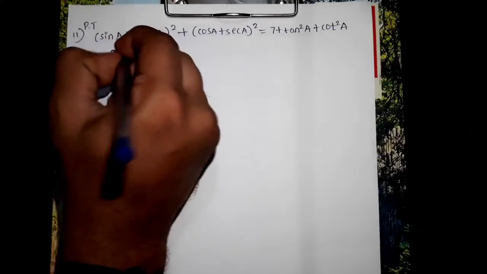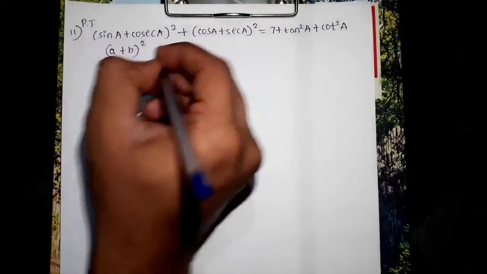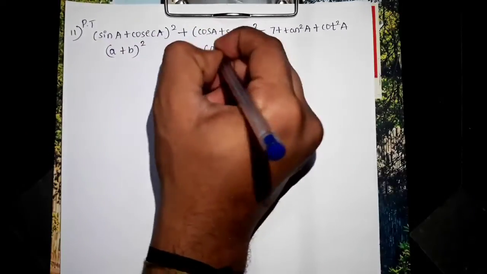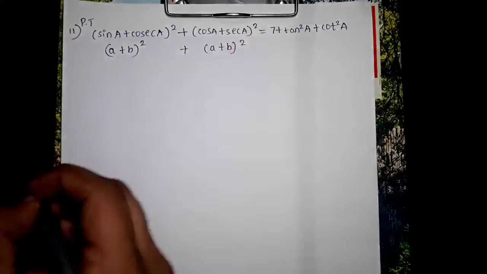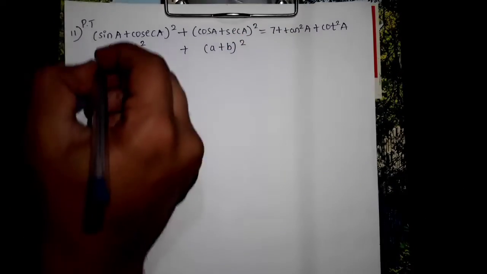Isn't it in the form of a plus b whole square and a plus b whole square? Now apply this identity.